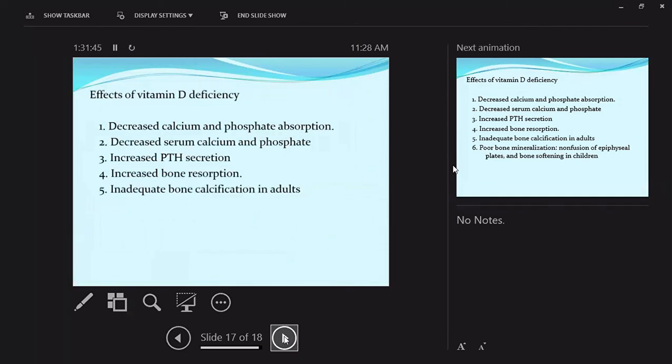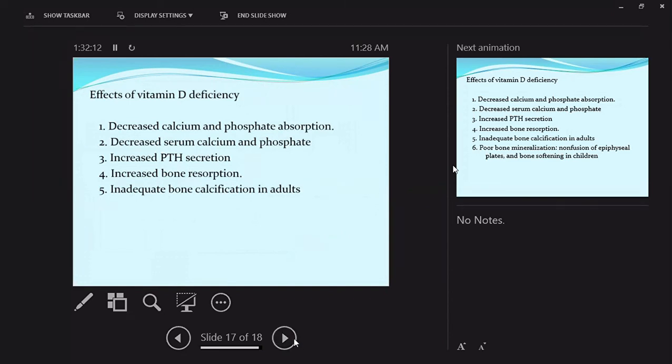For example, in a fall, the tendency is for you to use your arm to brace yourself. And so the bones in the hands and arm, in the forearm, can fracture easily, okay? Because of lack of vitamin D.